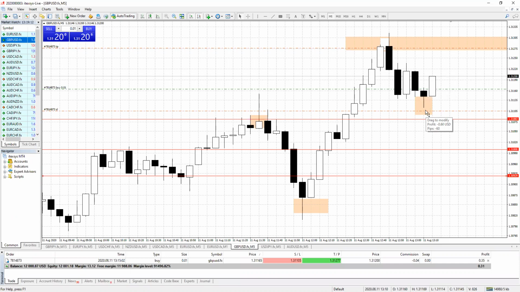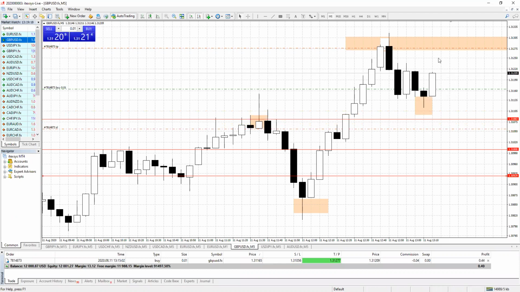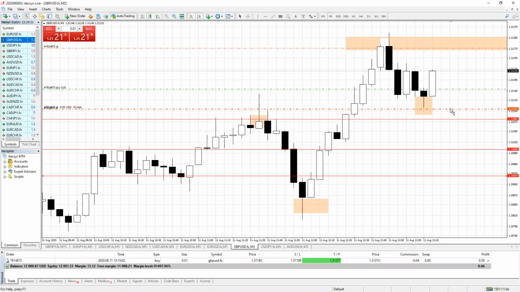So I could place my stop loss below the support, but my risk reward ratio is not that great. And I could place my stop loss here in case the price goes against me. Right now I'm risking 5 pips, and I'm 5 pips in profit.